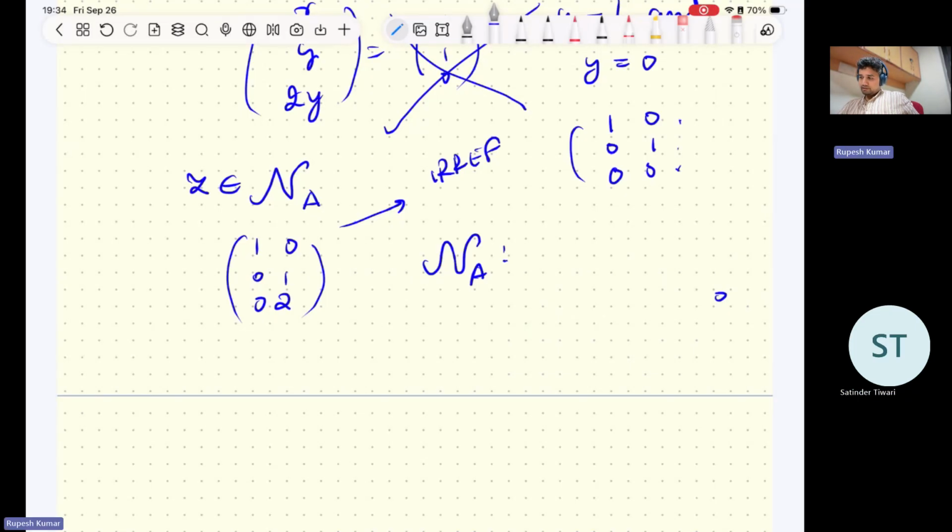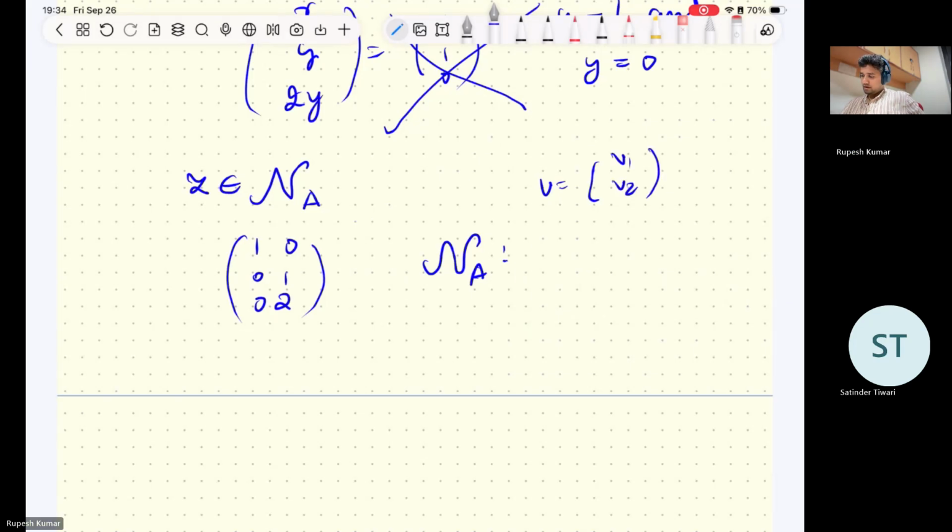This is RREF. You are using the augmented matrix here, so the augmented term was 0 0 0, right? The null space is essentially 0 0 x. No, this is not the right way to do this. You define some non-zero vector as v1, v2, and then you try to find the null space.